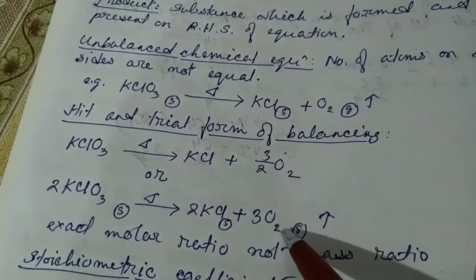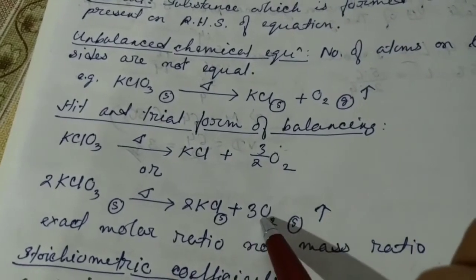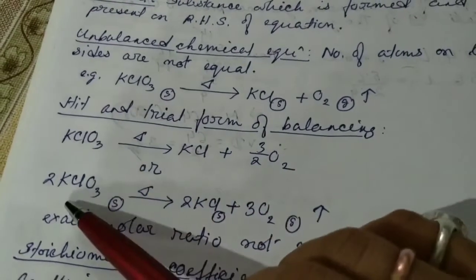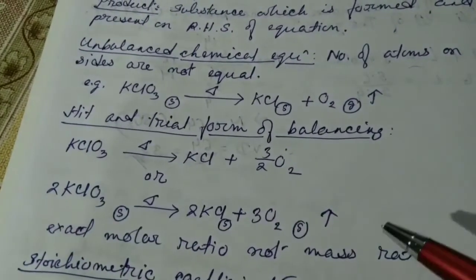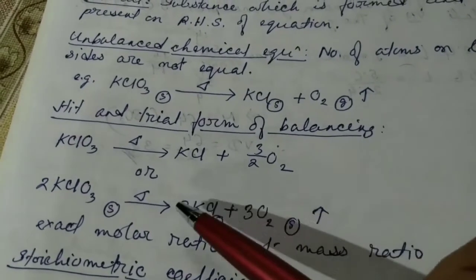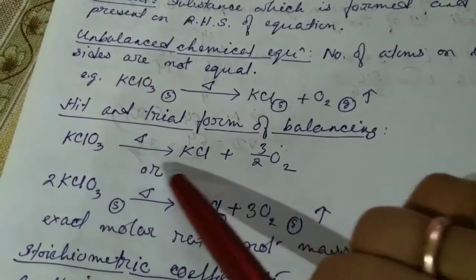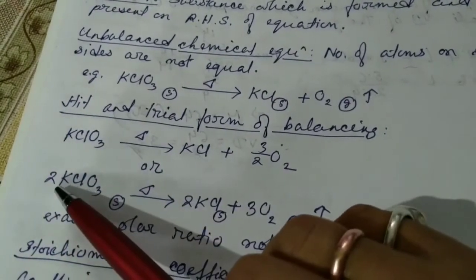If we balance this equation by the hit and trial method, what will we get? 2, 2, 3. So the total number of oxygen atoms will be 6 here and 6 there, and for potassium and chlorine it will be 2 and 2. These numbers which we have put for balancing are known as stoichiometric coefficients.